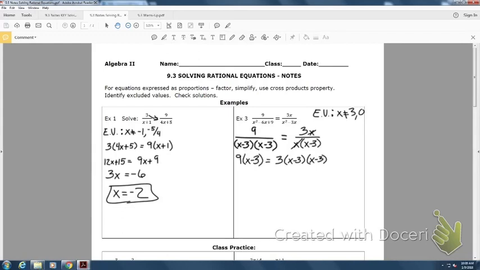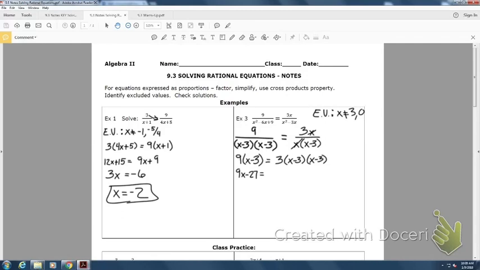Once I'm there, I'm going to simplify both sides. So on the left, I'm going to end up with 9x minus 27. On the right, I've really got a couple steps that I need to do. I'm multiplying three things: 3, x minus 3, and x minus 3.